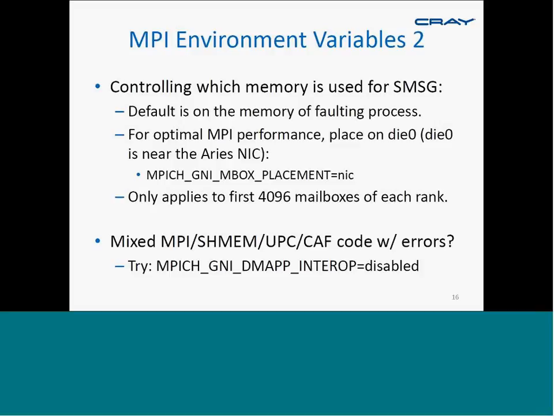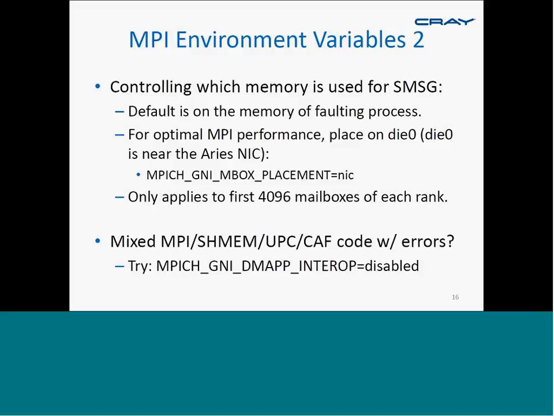And by default, those message memory are allocated on the memory attached to the process. The first call is the default, and that's the allocation. And imagine this is going to put, in a typical example, half of your memory on the memory that's close to the network card, and half on the memory that's a little bit further away. And this can hurt performance.